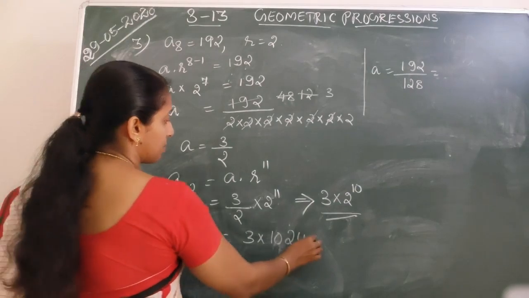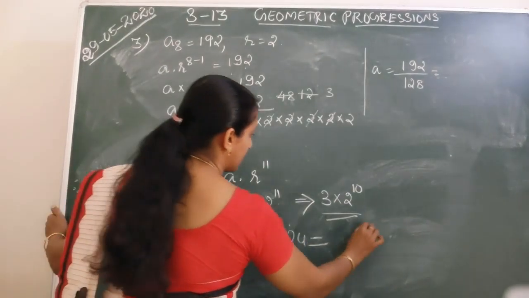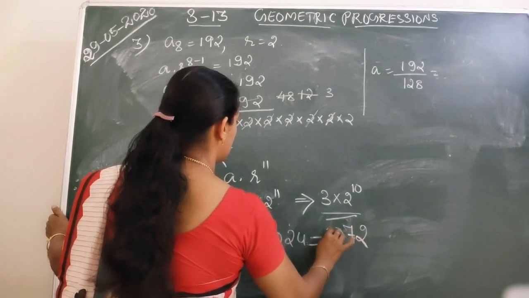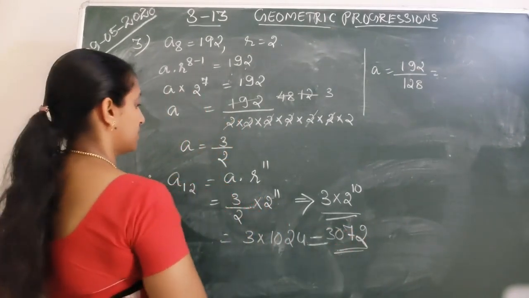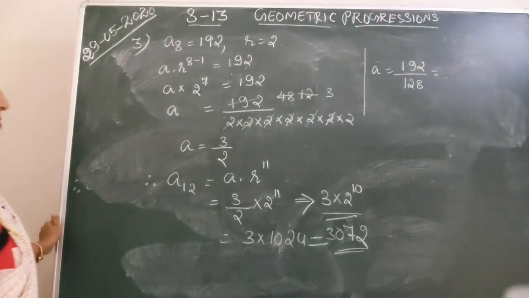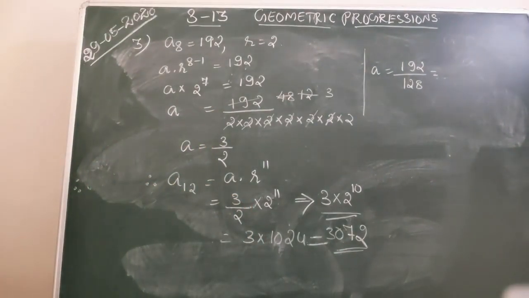If it is a simplified term, you can simplify it. 3072. Okay, you can write the final answer also.